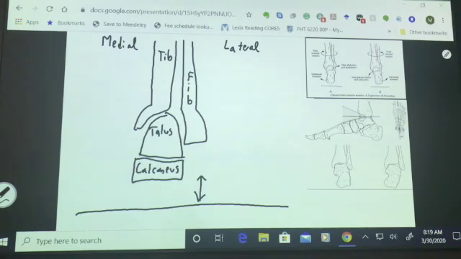What happens is my calcaneus adducts, it inverts. My talus inverts as well. So understand that when we're dealing with the open chain, that's what we're going to see. Again, we're going to take this piece by piece.